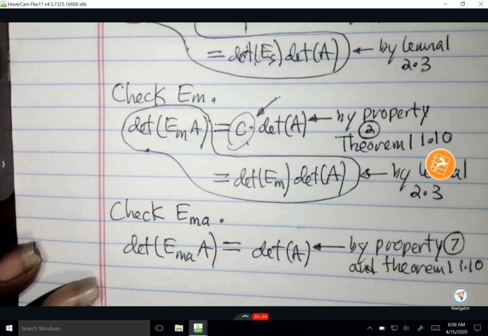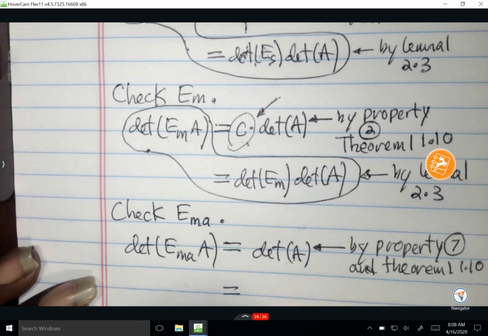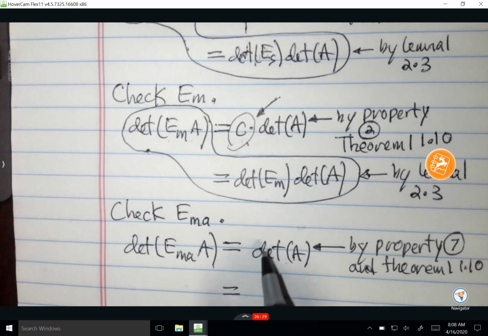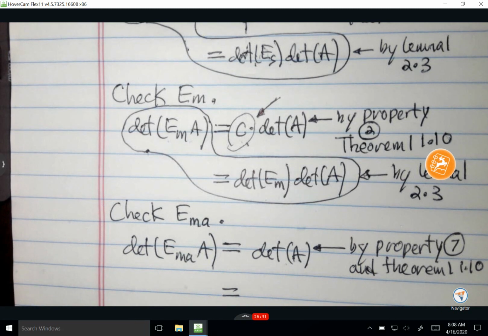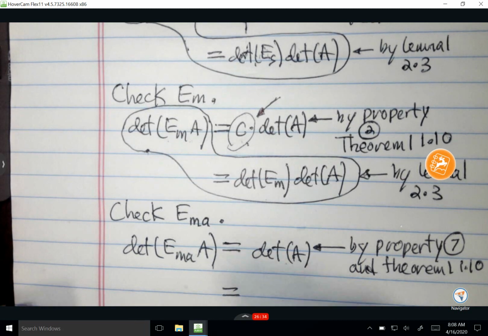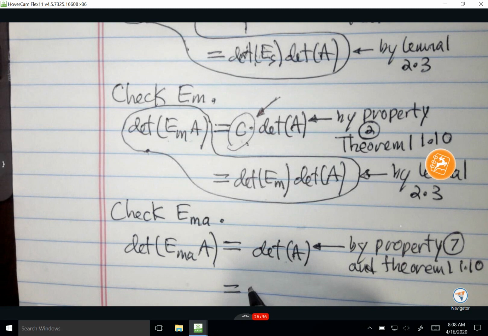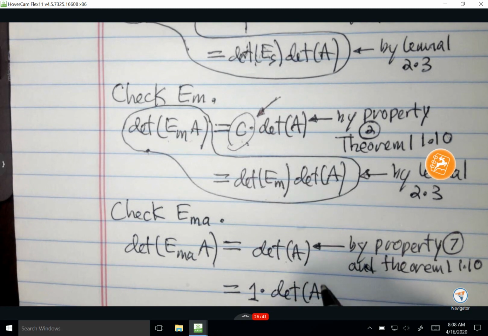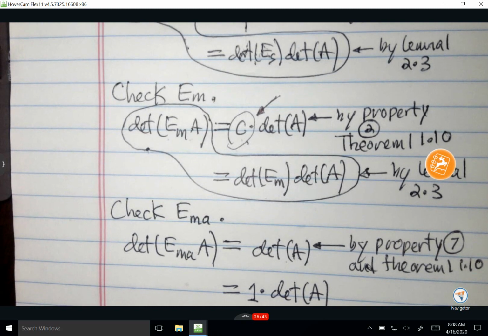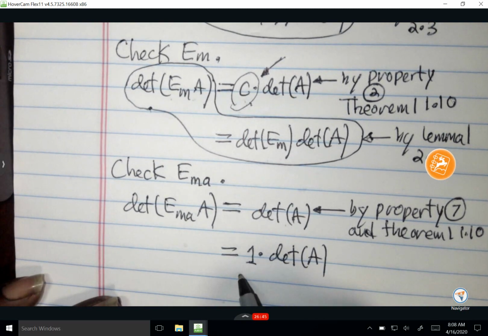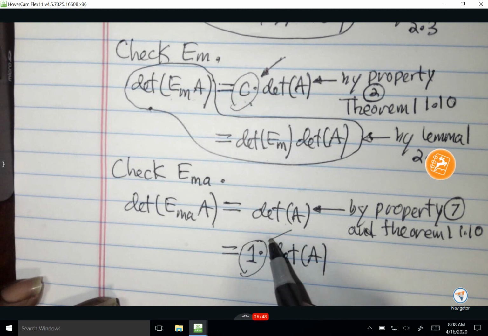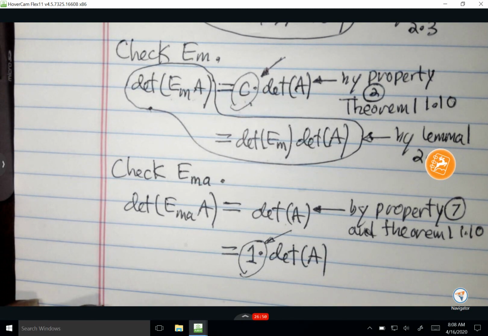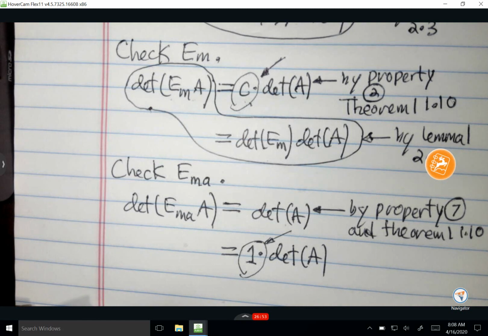Now I'm going to play around with this number. Some people think that's a matrix. That's a number. It's like 17 or something. So a number is equal to 1 times itself, so I can multiply that by 1 if I want to and not change it. Now I'm going to play around with this number 1. We found out in Lemma 1 in 2.3, which we just proved a minute ago, that 1 is the determinant of E multiply and add.